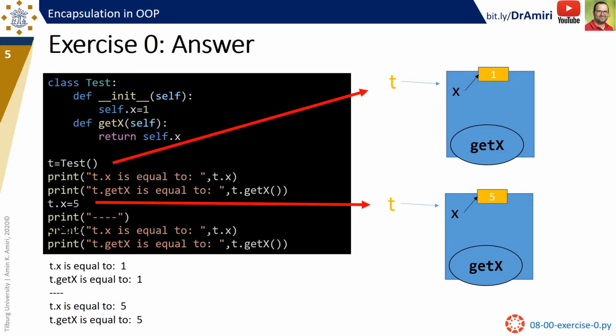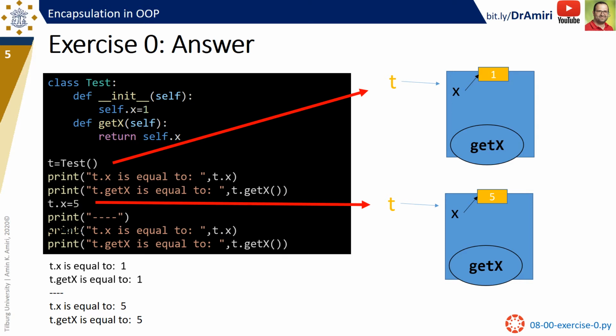However, you can also call the method for this class, getX. So if you call this method getX for t, since x is equal to 1, what is going to be printed is again 1. You can also change the value of the attribute by setting it to a value.